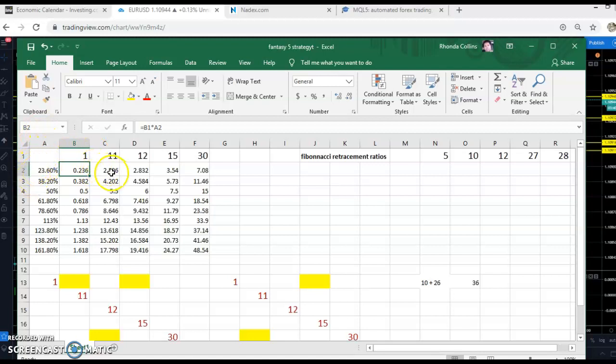So I had to show you that. C1 times A2, and then D1 times A2, E1 times A2, and F1 times A2.